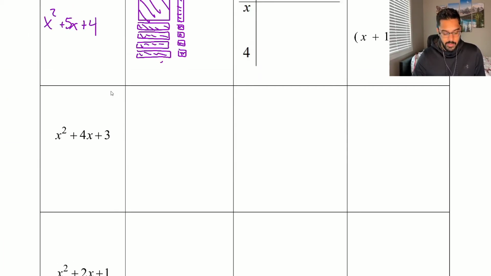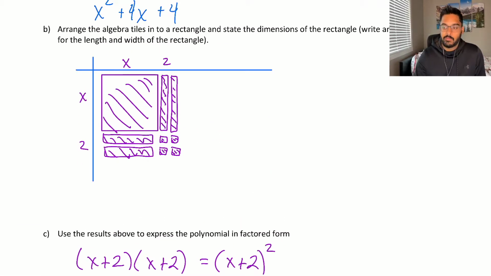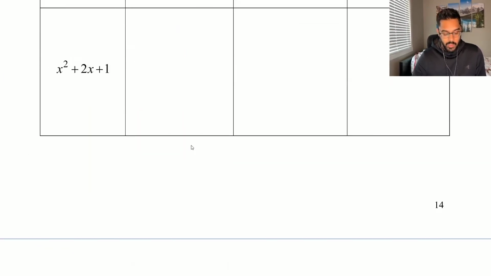If you think about this in terms of our picture up above, our x's will always get split up into two groups. Our x squareds and our 1s basically are always combined together in their respective places, but it's the x's we have to worry about splitting up into parts. So we have to figure out the correct combination of numbers that will allow us to split them up to make this rectangle or square. So that's the goal here.